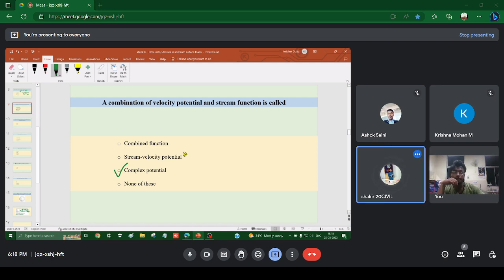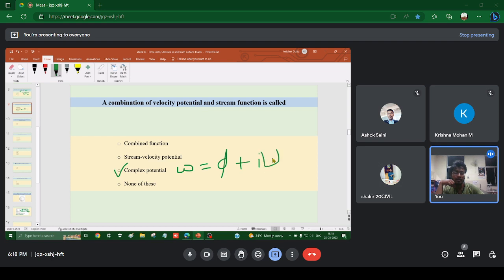This is W, W equals velocity potential, which is phi, plus i psi. It is a complex function. That is called complex potential. The real value and imaginary value combined will give the complex potential. Clear? This is the combination of velocity potential and stream function. Right, complex potential.